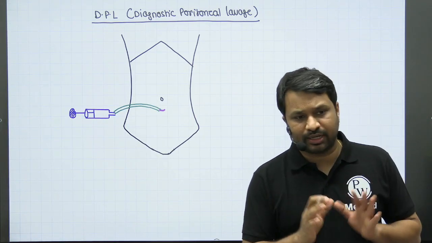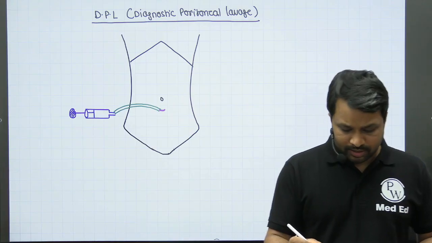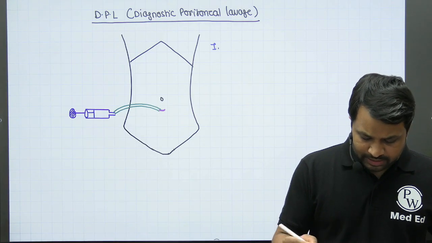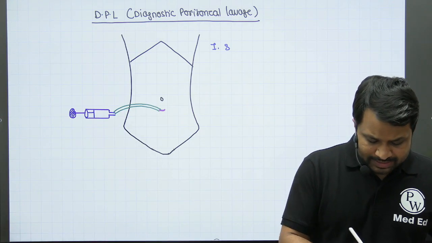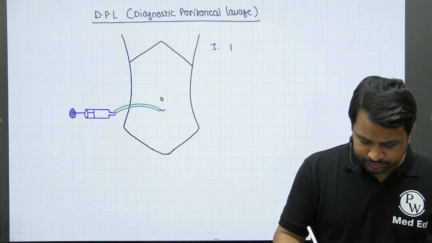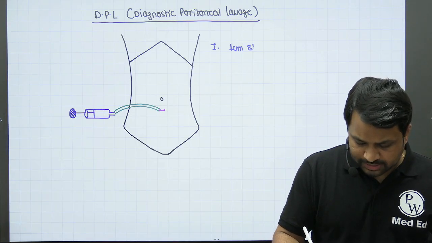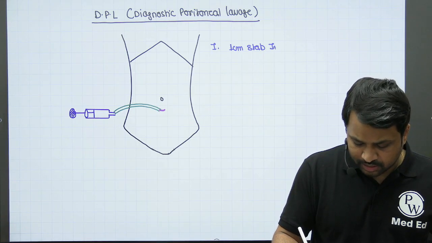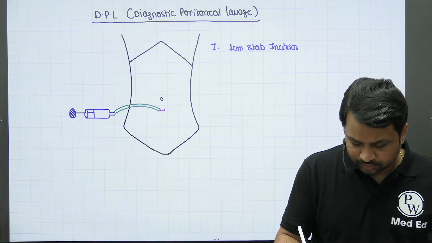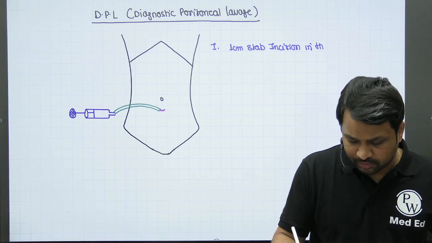Before doing that, what is step number 1? If I go stepwise, it is a 1 centimeter stab incision in the infraumbilical region.